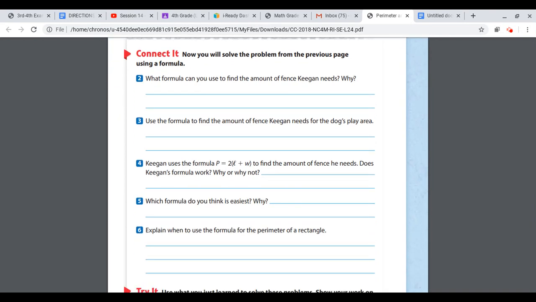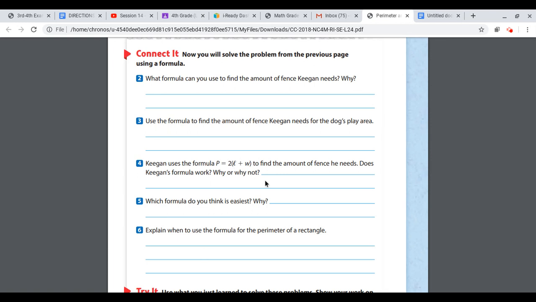Number 4, Keegan uses the formula perimeter equals 2L plus W to find the amount of fence he needs. Does Keegan's formula work? Why or why not? The answer is it does work because you're multiplying the length and the width times 2.